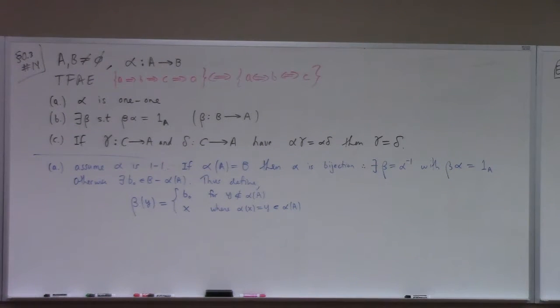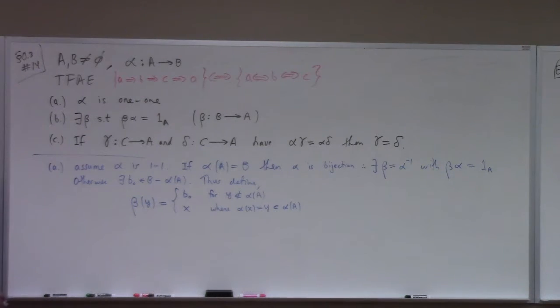If y is in the range of alpha, it's defined to be x such that alpha of x is equal to y. Why can't there be two x's? Well, suppose that alpha of x is equal to y and alpha of x prime is equal to y. What are we assuming about alpha? It's 1 to 1. So that's why this function so constructed is in fact a function.